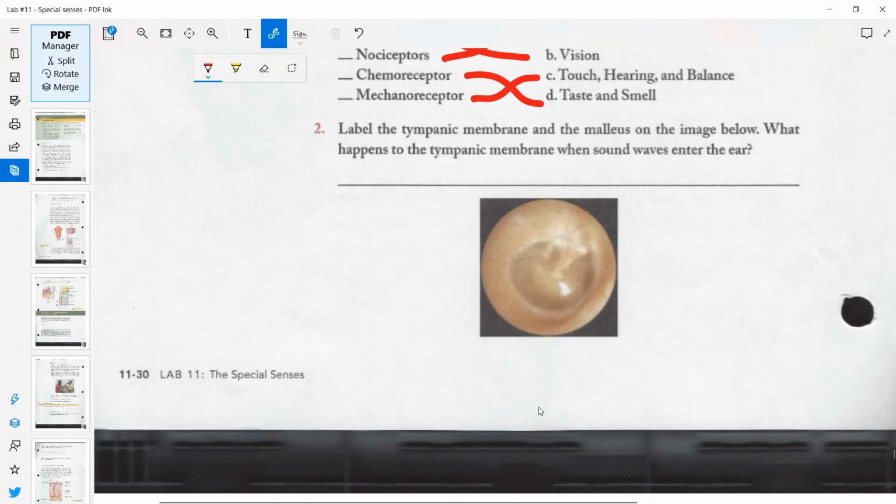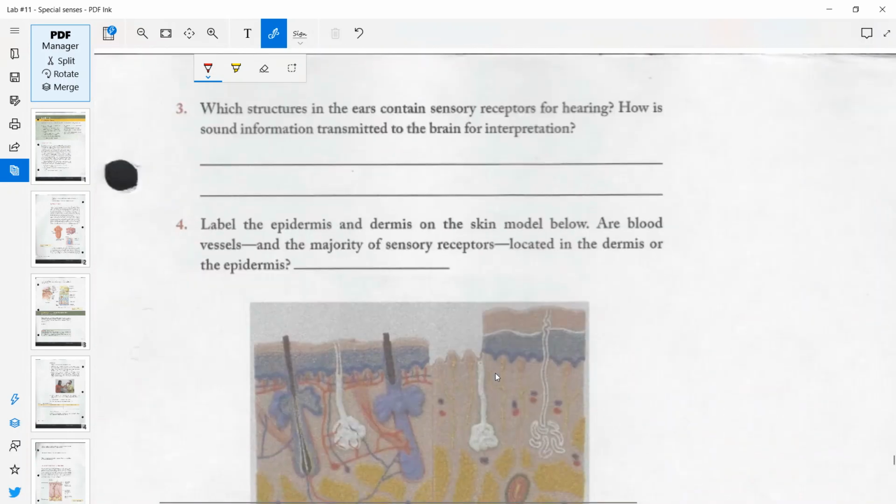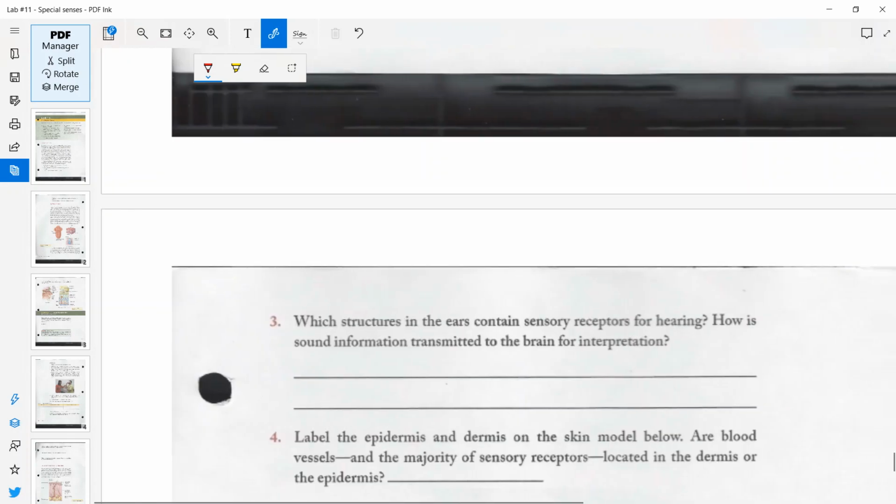The tympanic membrane is here, and the malleus is here. When sound waves enter the ear, the tympanic membrane vibrates. So, which structures in the ear contain sensory receptors for hearing? It's the cochlea.